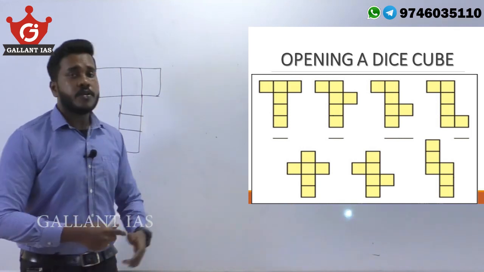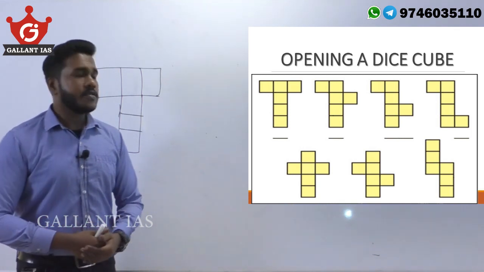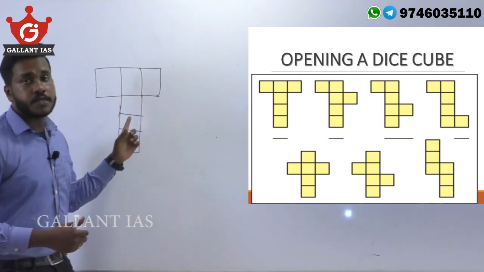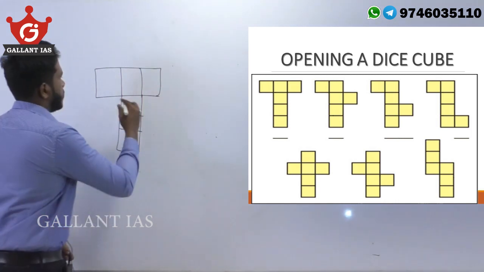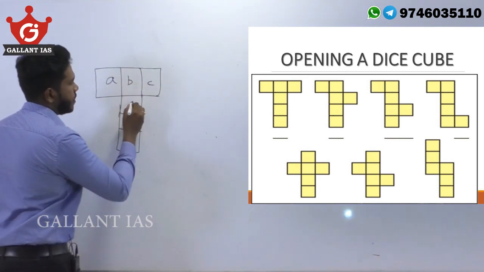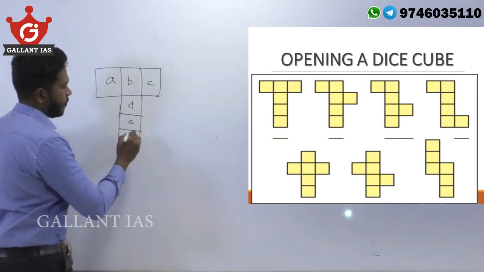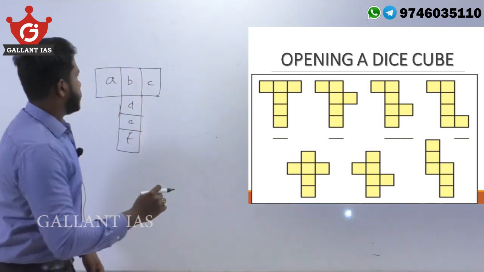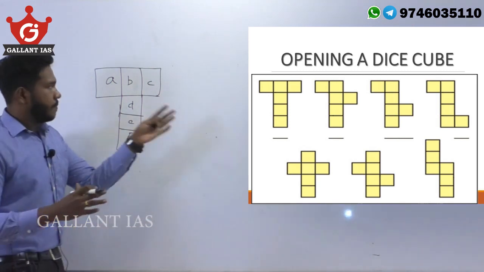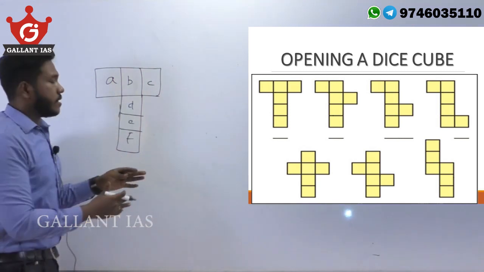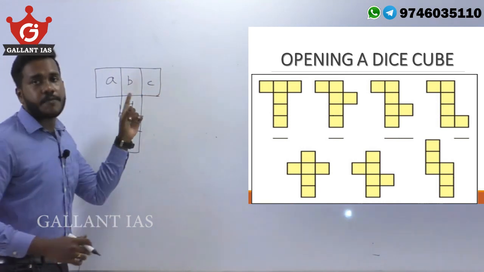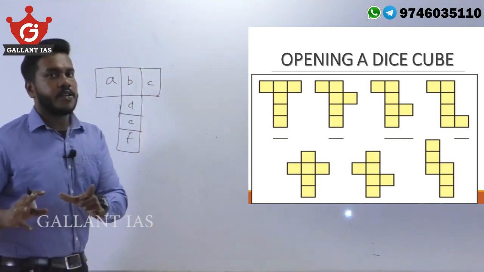In order to study all these formats, I'm going to name the faces of this format as A, B, C, D, E, F. We already know the concept of the base faces or central faces as well as extended faces, right? Keep this in your mind.